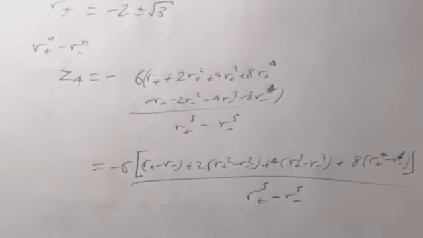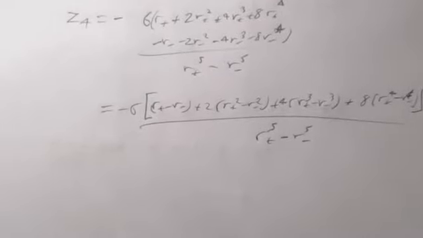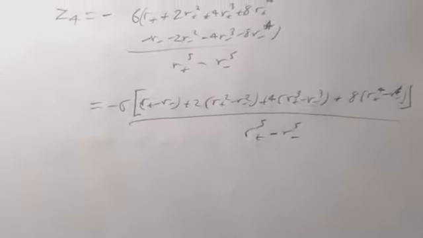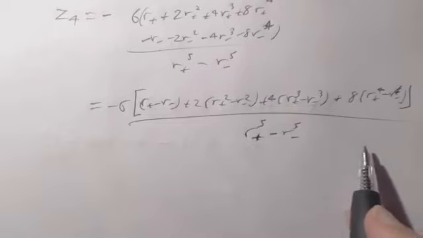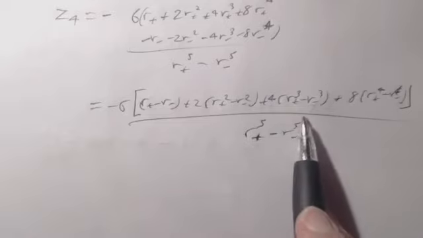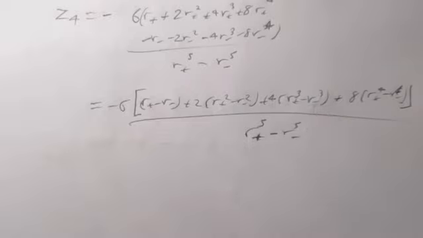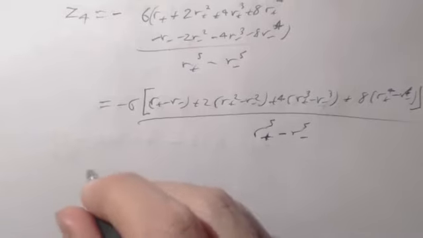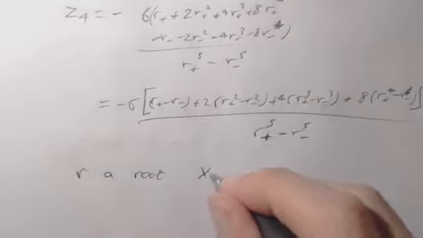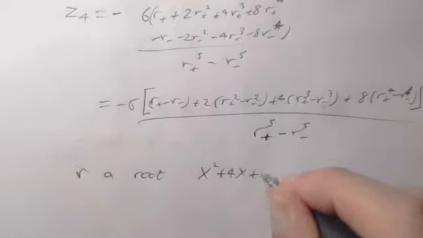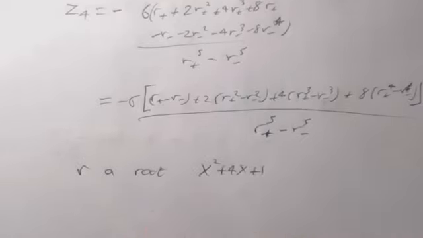So I first started playing around with this, and I found that works quite well to an extent. We can get quite a nice simple way of calculating the differences between the powers of the two roots quite easily, by noting that if r is a root of a polynomial x squared plus 4x plus 1, then r satisfies r squared plus 4r plus 1 equals 0.